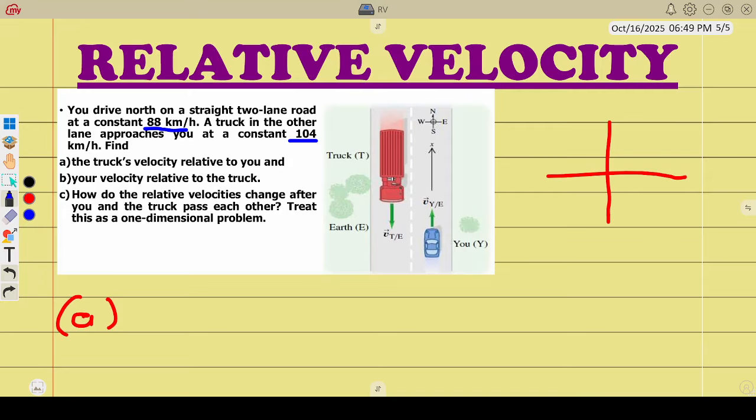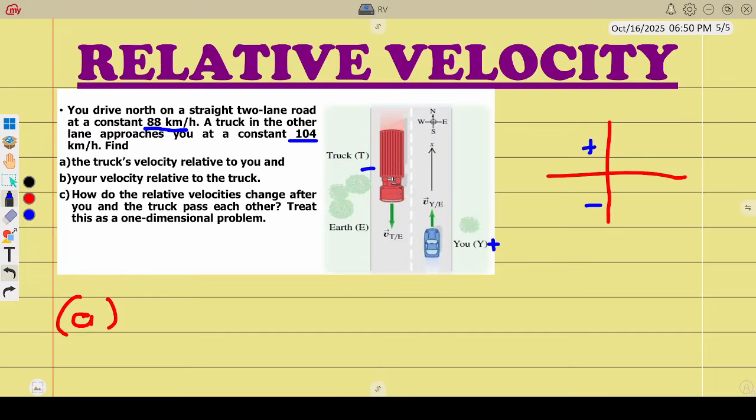But to just quickly conclude, on the x and y coordinate system, something in the positive y is plus, something in the negative y is minus. So you are going in the positive y-axis, meaning your velocity will be considered positive, and for the truck we can consider it negative.